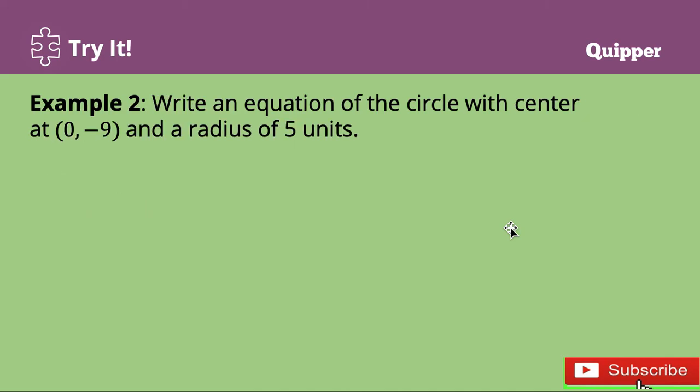Example number 2. Write an equation of the circle with center at (0, -9) and a radius of 5 units. As you can observe, the center is not at the origin anymore, meaning there is a value for h and k which is not (0, 0).